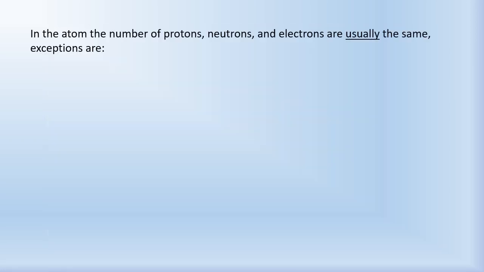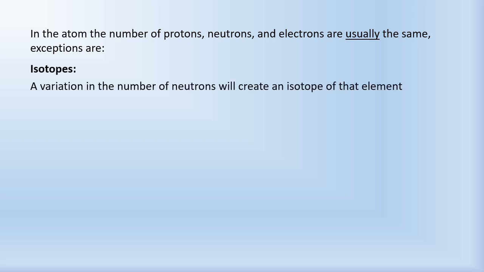In the atom, the number of protons, neutrons, and electrons are usually the same. Remember, protons and neutrons are in the nucleus, and electrons orbit the nucleus. And remember that the number of protons gives the element its atomic number. The exceptions are isotopes.